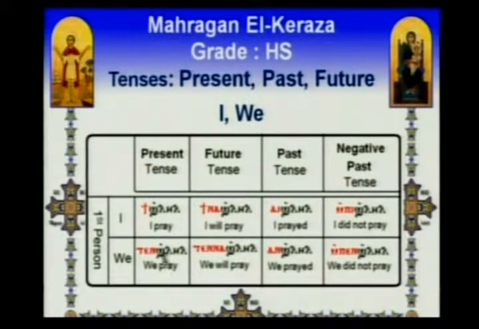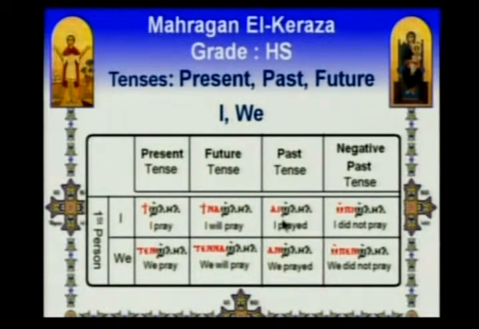And we discussed this, as I said before, in grade 6, 7, and 8. So you should go over them in that grade. For the future, all what you do is after the present article, which is ti and ten here, you add na. So here, ti na eshlil means I will pray. Ten na eshlil, we will pray.